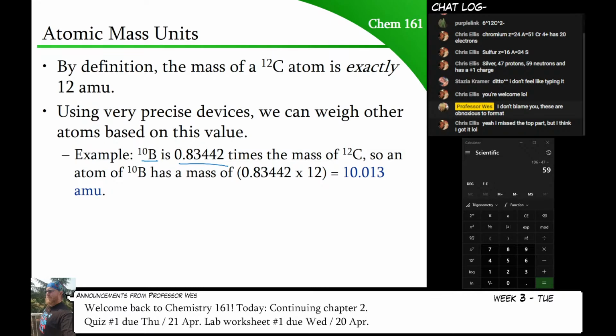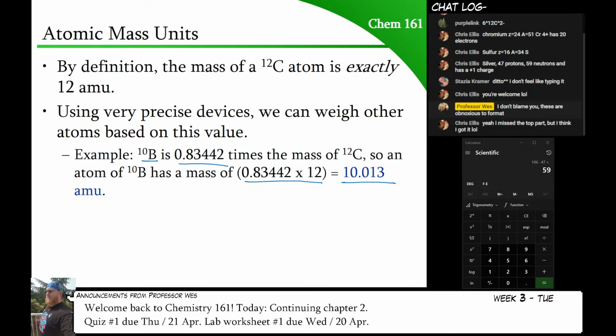So the mass of boron-10 must be this number, 0.83442 times 12, or 10.013. So now I know what the mass of a boron-10 atom is to many significant figures. And I also know all of these extra digits, so I don't just write 10 AMU and write down only 2 sig figs. Now I can get more sig figs, and that's useful to us.